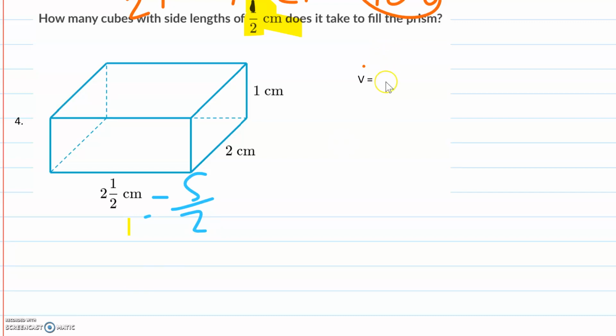So that's going to be my side length for that one. So it's going to end up being 5/2 times 2 times 1, which is the same thing as saying 5 times 2 is 10 divided by 2, which would be 5. So it ends up being 5 cubic centimeters.